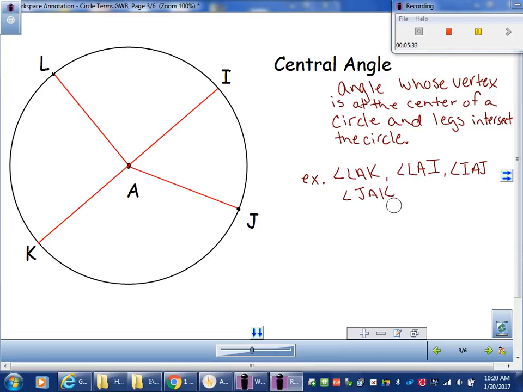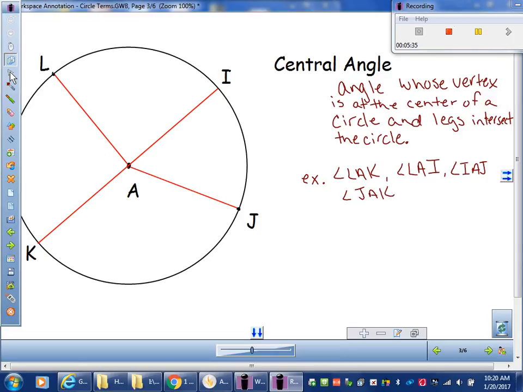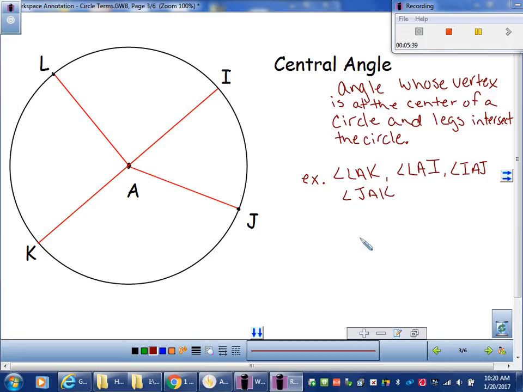So a central angle is an angle whose vertex comes from the center. Okay.